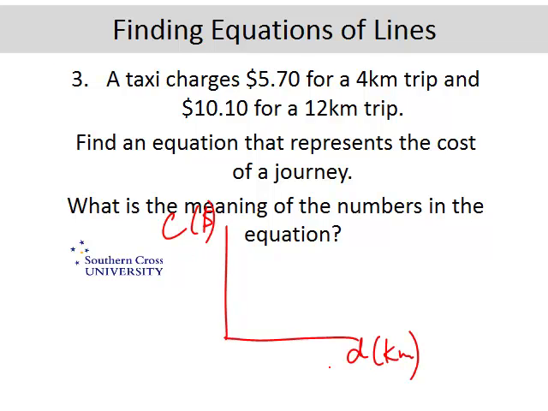So basically, to make points out of this, the first one would be 4, 5.7, and the second one would be 12, 10.1. I'm just purely taking those money amounts and writing them as ordinary decimals. So there are our 2 points.